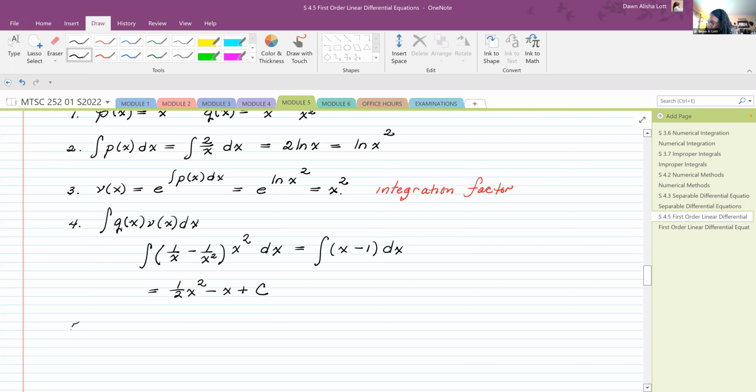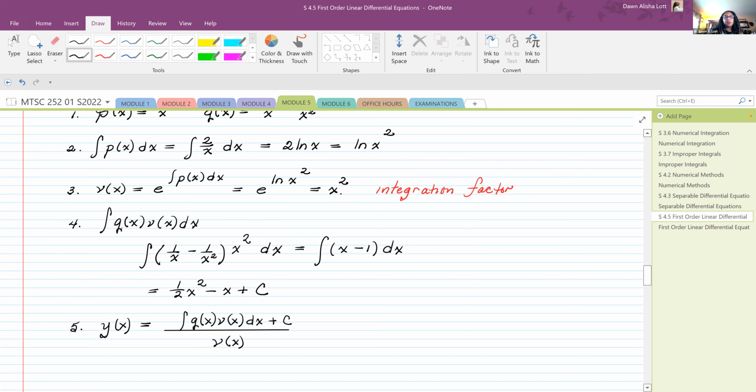So then our solution y of x is the quotient of our integral of q of x, v of x dx, plus our constant, divided by v of x.